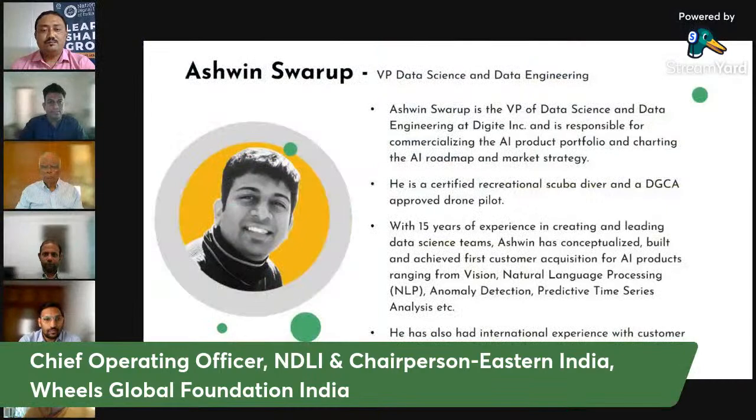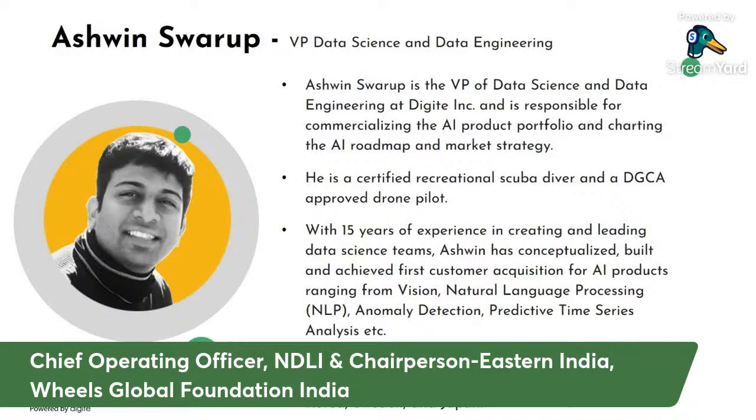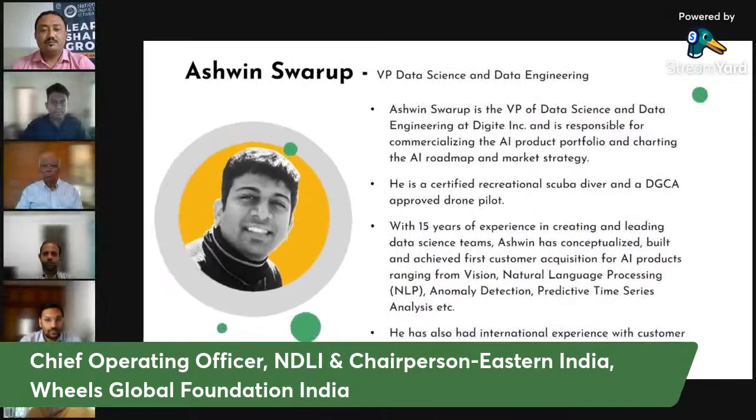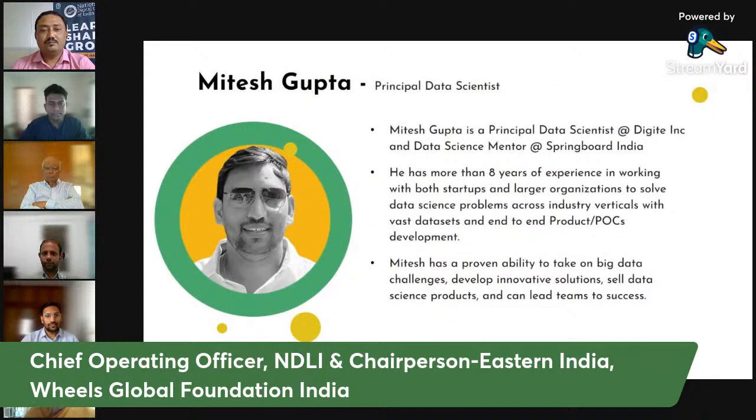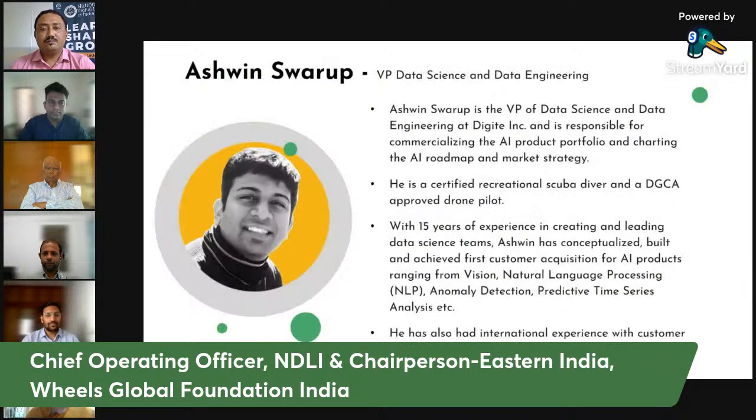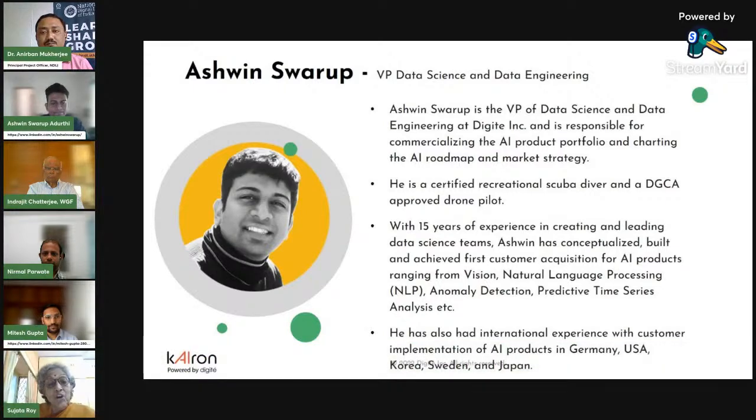To start with, let me begin with Mr. Ashwin Swarup, who is the VP of Data Science and Data Engineering at Digite Inc. and is responsible for commercializing the AI product portfolio and charting the AI roadmap and marketing strategy. He is going to moderate the whole session. He's not just a techie, but he has multifarious hobbies. For example, he's a certified recreational scuba diver and a DGCA approved drone pilot.